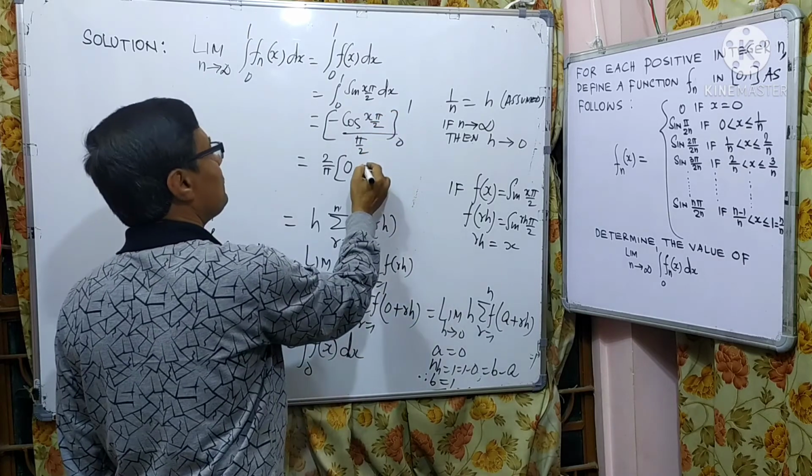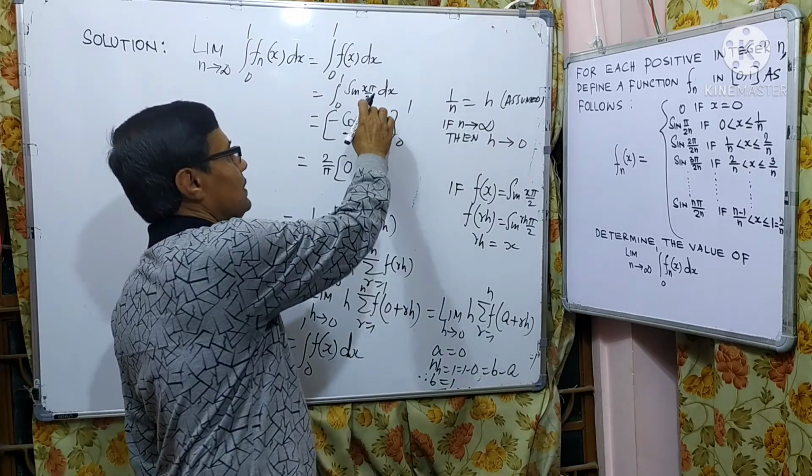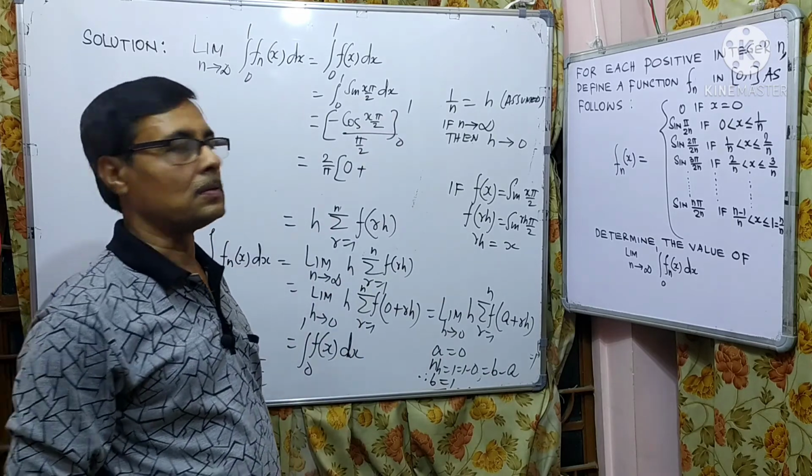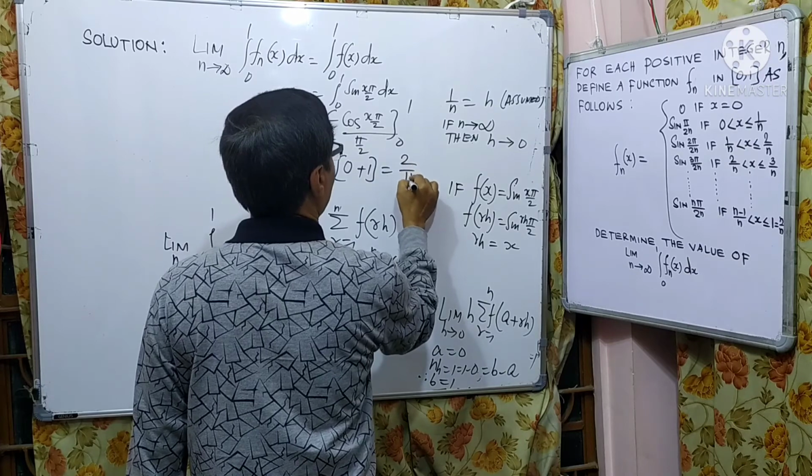For the lower limit, the value of this function is cos 0, which is 1. So this is 2 over pi.